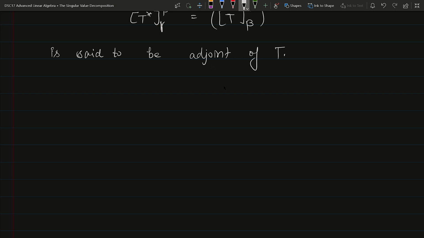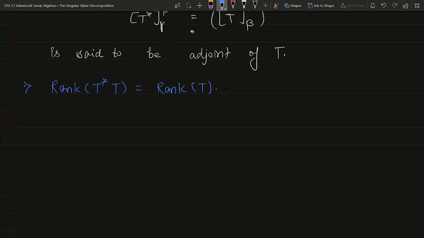Okay, now the moment we have the adjoint of this linear transformation, we have proved that the rank of T star T is the same as the rank of the linear operator T. Okay, so we have this kind of result.